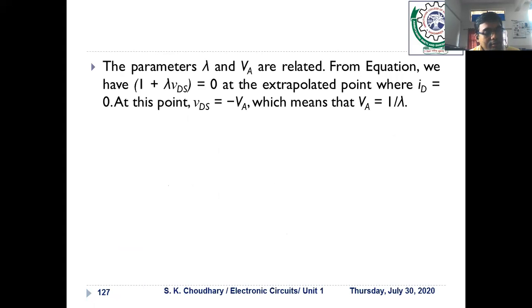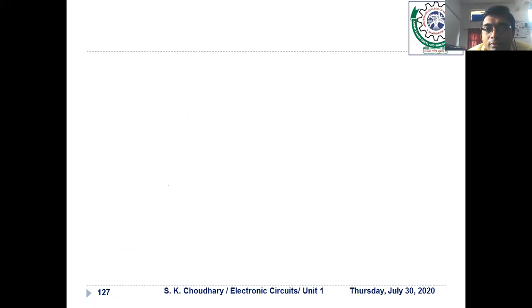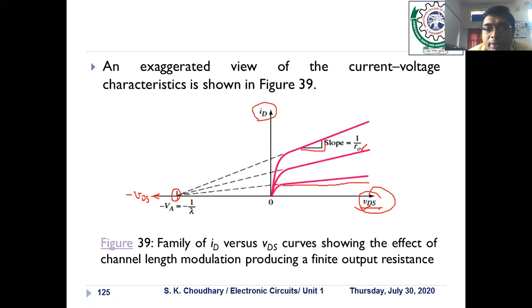The parameters lambda and VA are related to each other. How are they related? From the previous current equation, consider 1 plus lambda VDS equal to 0. Why is 1 plus lambda VDS equal to 0? This is clear from this graph.